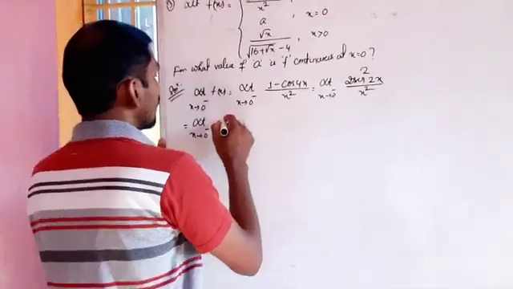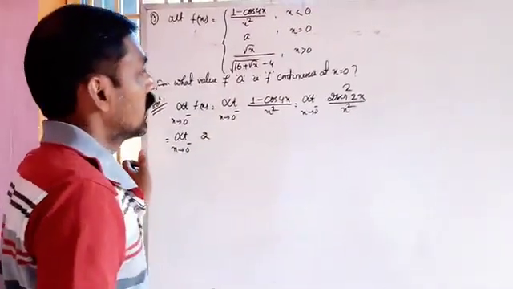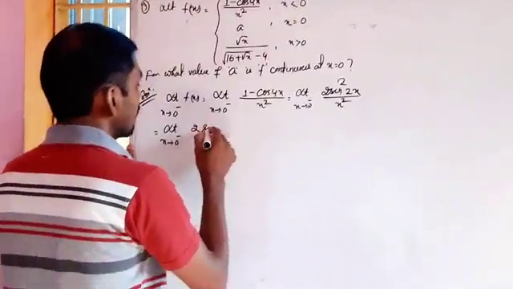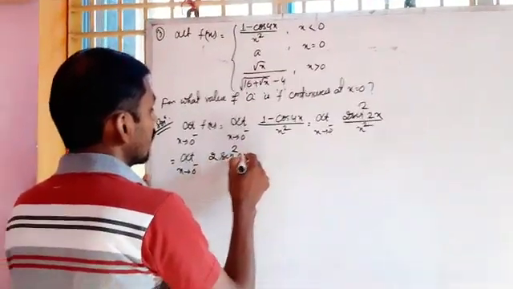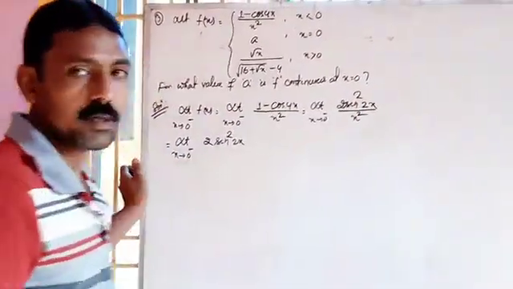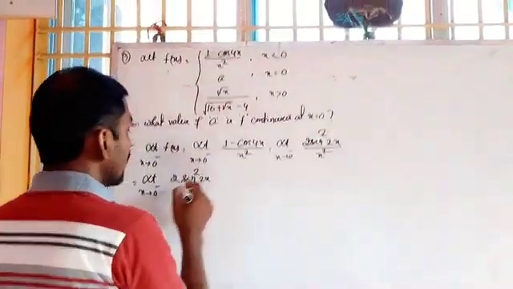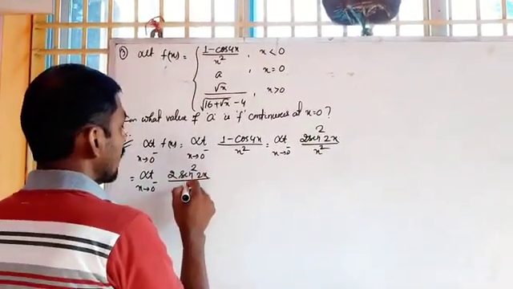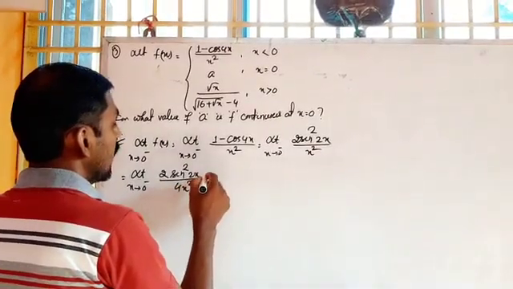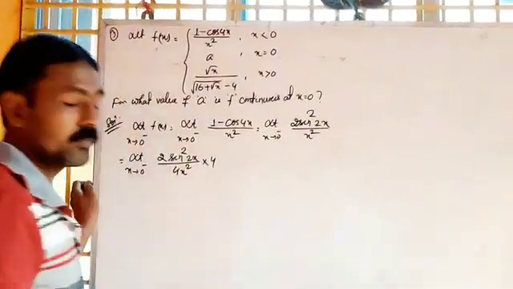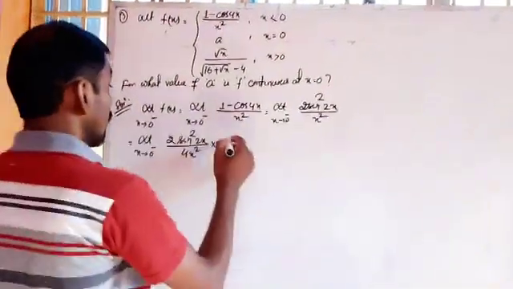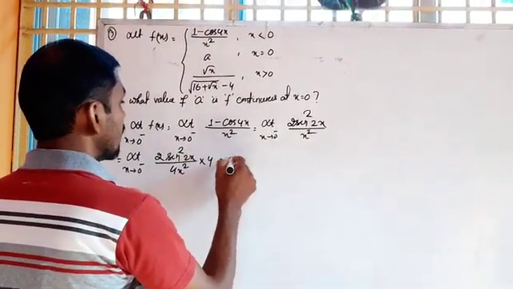So this is 2 sin square 2x, that is sin 2x whole square. So it should also be in that form. So here we will multiply and divide by 4. This equals, this is 8.